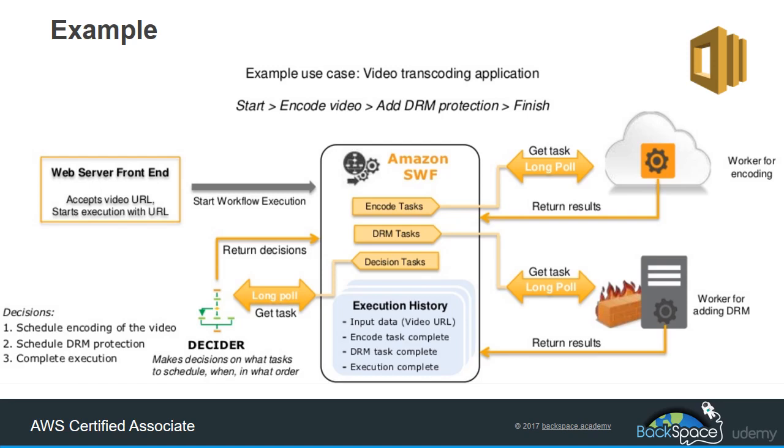Again, that will go into another task list, and when a worker is available, that task will be completed. Then we go back, the decider will decide that the execution has been completed, and that will be the end of that process.